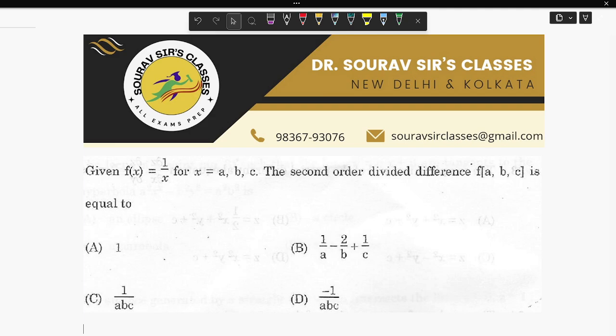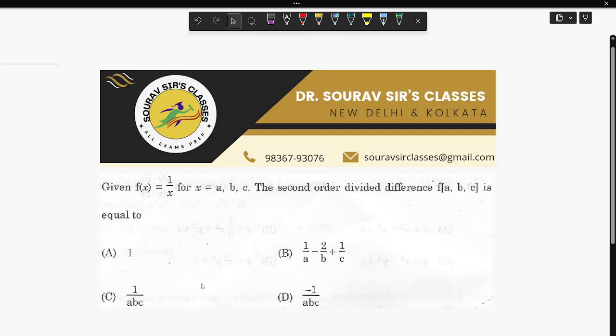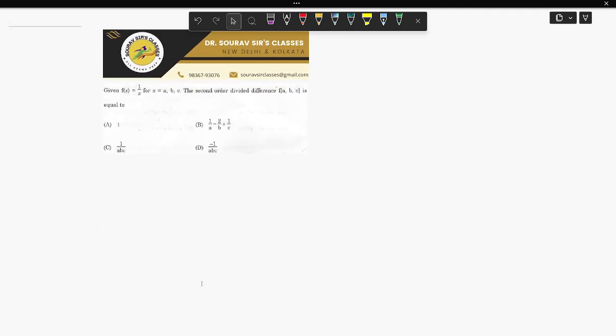Option A is 1, option B is 1/a minus 2/b plus 1/c, option C is 1/(abc), and option D is minus 1/(abc). So this is only formula putting and a simple calculation question. So we have to do the things which are required to solve the problem.